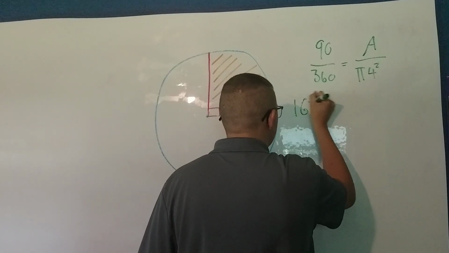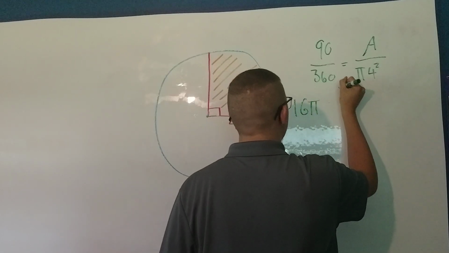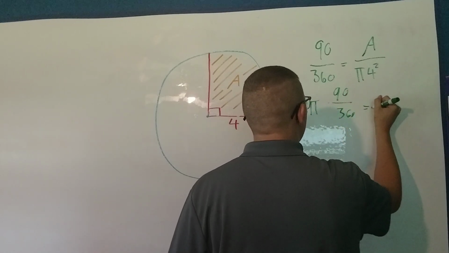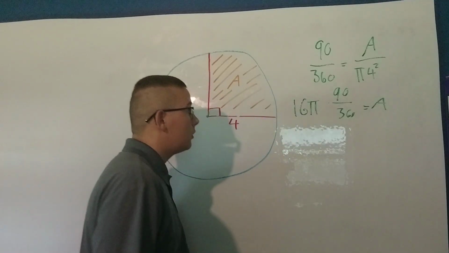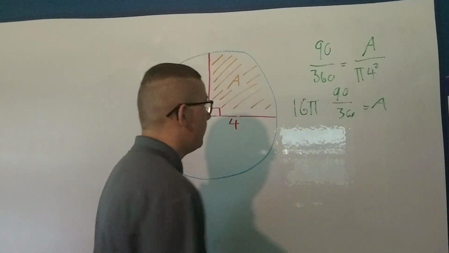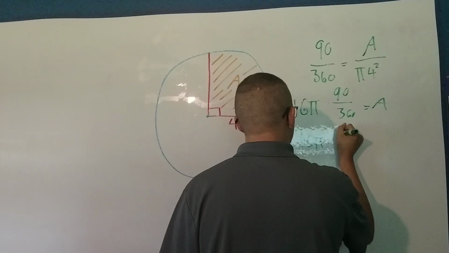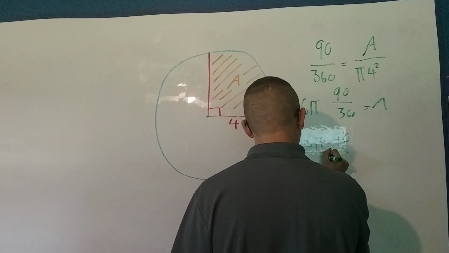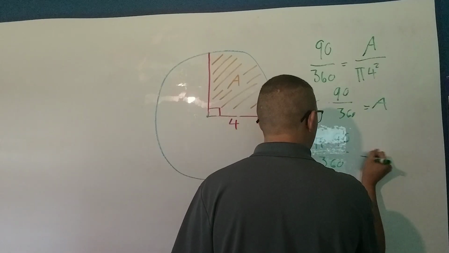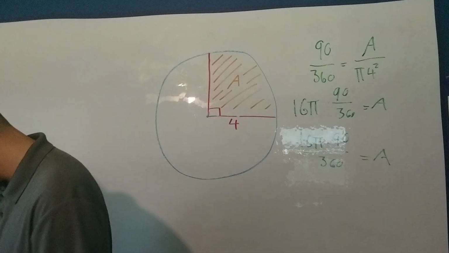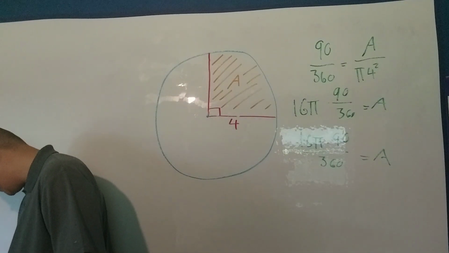So 16 pi times 90 over 360 equals our area, right? So if we simplify this a bit, 16 pi times 90 over 360 equals our area. And then just plug that into the calculator.